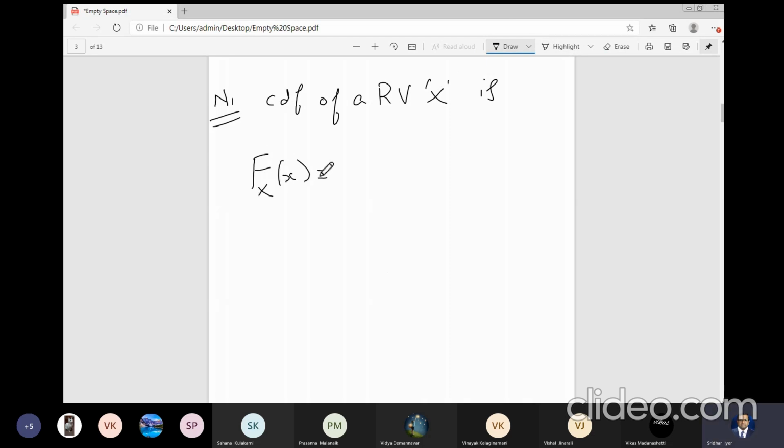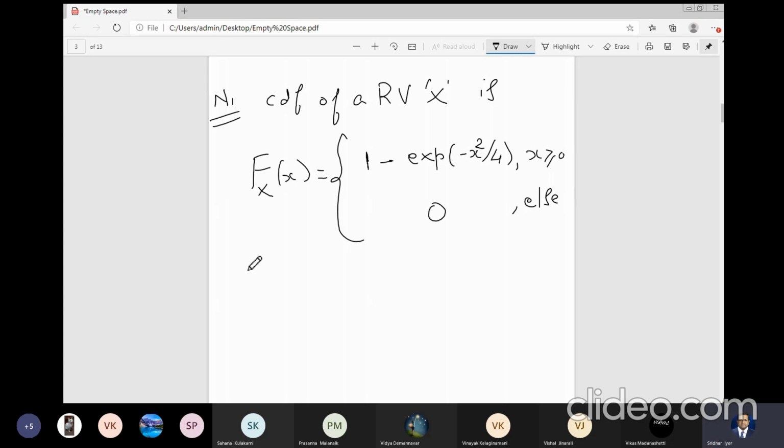Fx of x is equal to 1 minus exponent of minus x square by 4, and this happens for x greater than or equal to 0, and then we have a value 0 for all other cases.